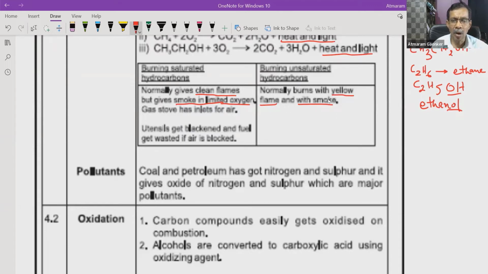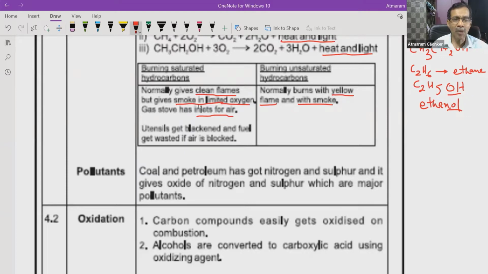Here it gives a lot of smoke. Then the gas stove, you must have seen, has inlets for air. Those inlets are for taking in the oxygen or the air. If oxygen is taken in, then it will burn smoke free.